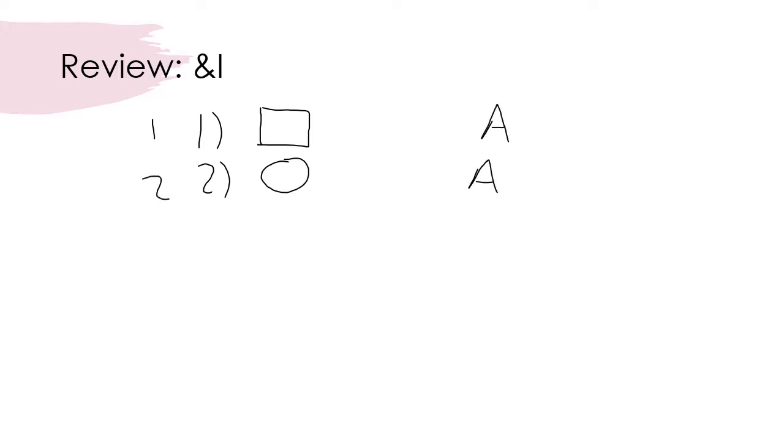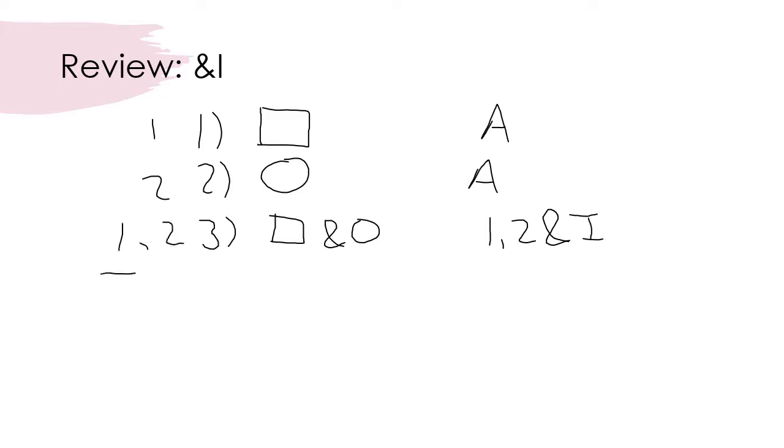Then with our ampersand in rule, our ampersand in rule is quite simple. It's just saying that I have two different things, and then from those two different things, I can just put them together. So I cite the two different lines in which I'm getting my conjuncts from, and that's that.